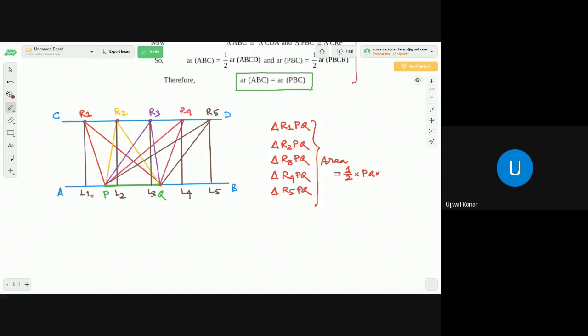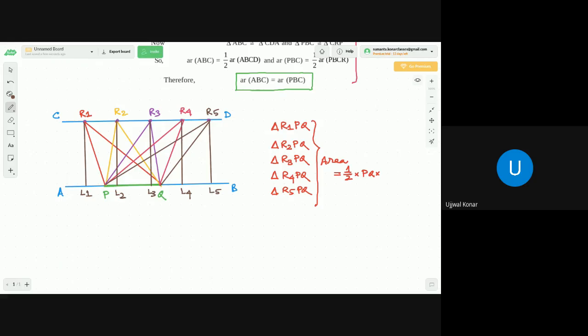Then I hope you agree with me that R1L1 is equal to R2L2 is equal to R3L3 is equal to R4L4 is equal to R5L5. Correct, dear students? Yes, sir. Because it is the same perpendicular line segment between two parallel lines, they have to be equal.